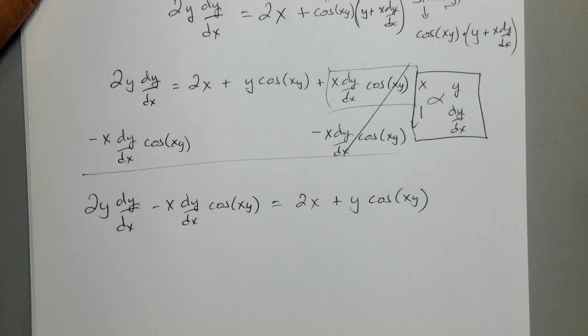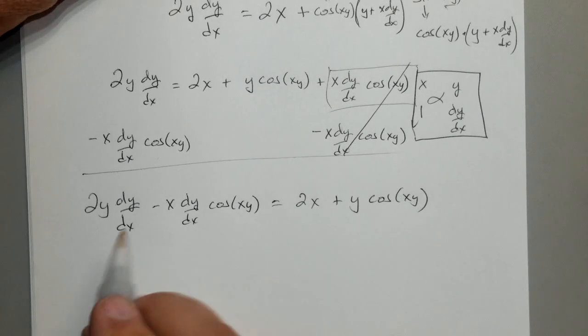Next step. If you divide it by 2y, then you'll still have dy dx in both of these places. Factor out, yeah.